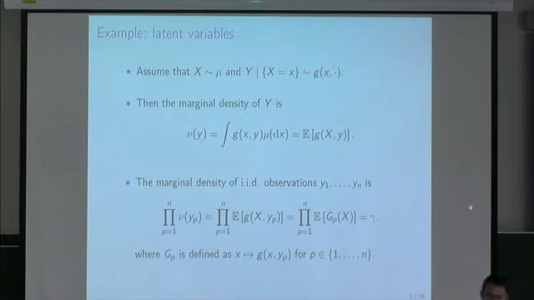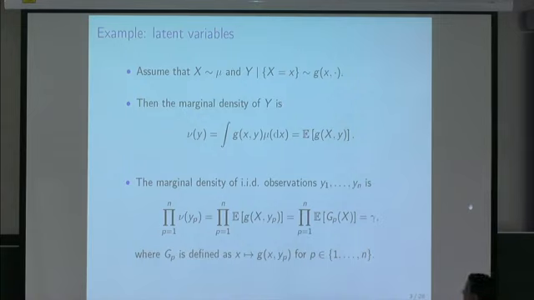Okay. And one reason this might arise, I think many people in this audience will be familiar, is because you might be looking at a latent variable model where x comes from some distribution mu, and y, a random variable, is distributed according to some g of x, some Markov transition density g, which depends on x. And of course, in this context, maybe you've observed values of y and you want to conduct inference.